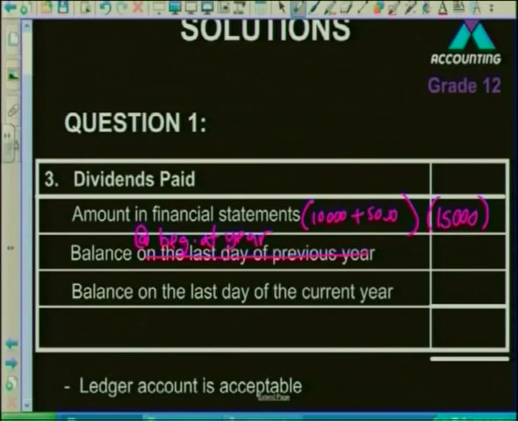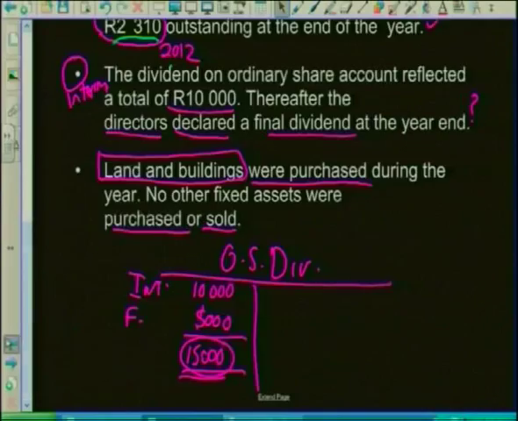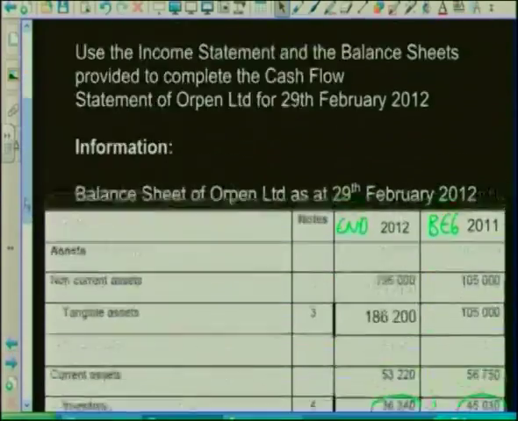Right, again guys, we're going to find this information on the face of our balance sheet under current liabilities. What were we owing our shareholders in terms of dividends at the beginning of your financial year? So let's now go back to your balance sheet. Okay, there's our balance sheet.